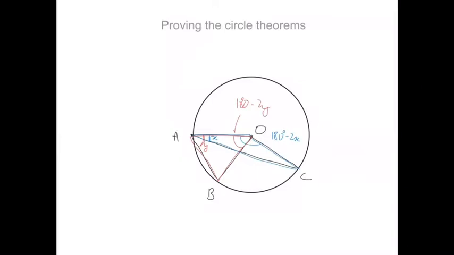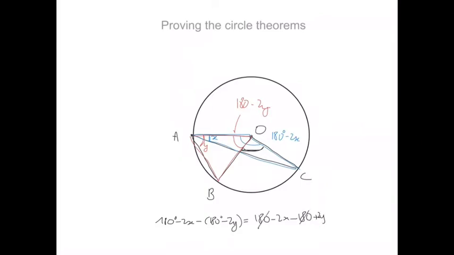If we now want to work out the size of the angle at the center here, you see that we need to subtract the red angle from the blue one. So we get (180 degrees minus 2x) minus (180 degrees minus 2y). Removing the brackets leads us to 180 minus 2x minus 180 plus 2y.